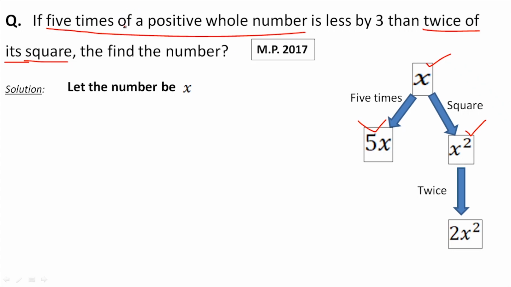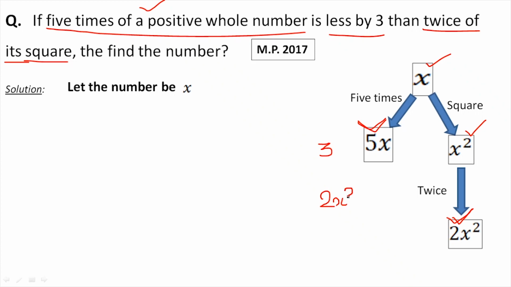Now 5 times the positive whole number, that is 5x, is less by 3. So this number is 3 less than that number, which means the other is the greater number.